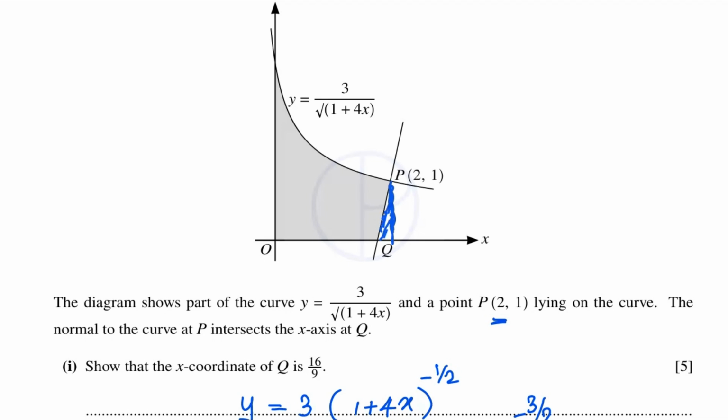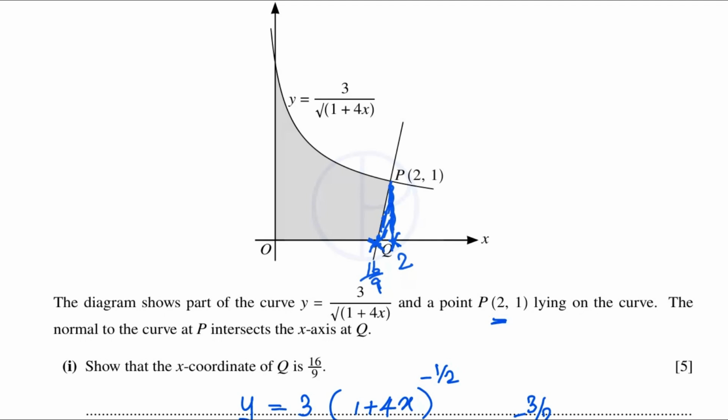So we have to find the area under the line from this point to this point. So this point is Q. What is Q value? 16 over 9. And at this point, X is 2.